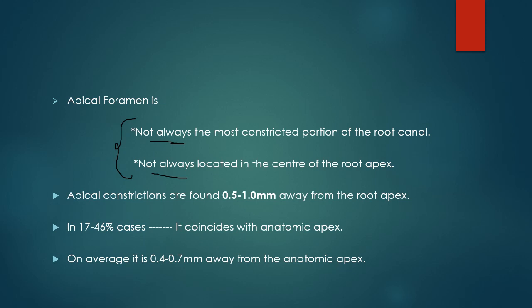The next point to be remembered is that the apical constriction is always 0.5 to 1 mm away from the root apex, and hence we stop the obturation only here, 0.5 to 1 mm short of the root apex. In 17 to 46% of cases, the apical foramina coincides with the anatomic apex, whereas on average it is 0.4 to 0.7 mm away from the anatomic apex.